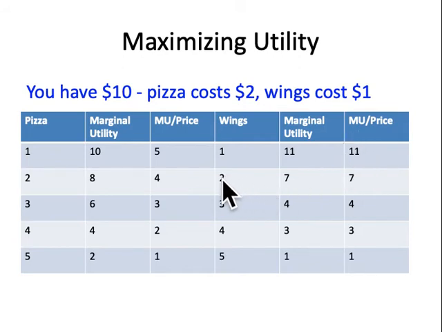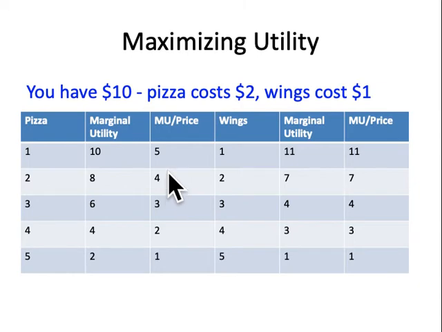Okay? The second wing gives me 7 utility per dollar. Still more. So I'm going to buy one wing and then another wing first. And now I'll be willing to spend $2 on that first pizza because my marginal utility divided by price is now 5. Right? So I go wing, wing, pizza.